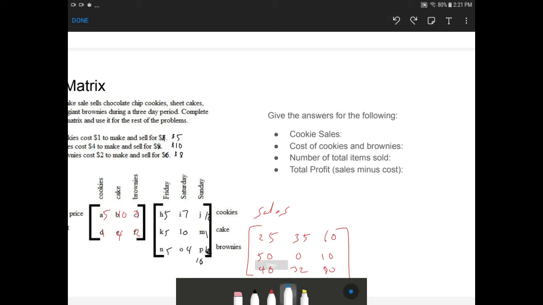And then let's do costs also. So $1, that's $5, and then $20, and then $10. So then Saturday, $7.